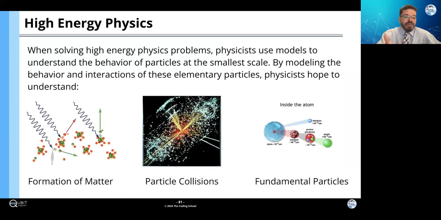The formation of matter is actually really interesting. Like the matter you think about today, the idea of hydrogen was not present in the beginning of the universe. It was just a really intense soup of tiny elementary particles.